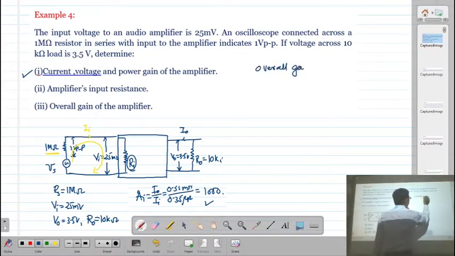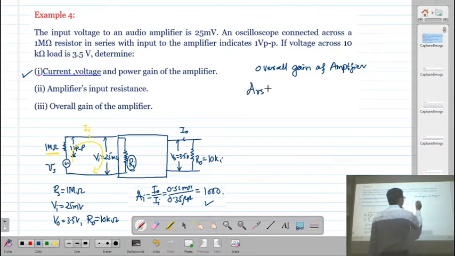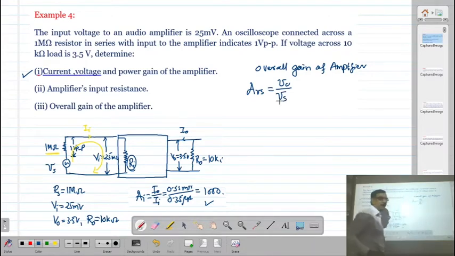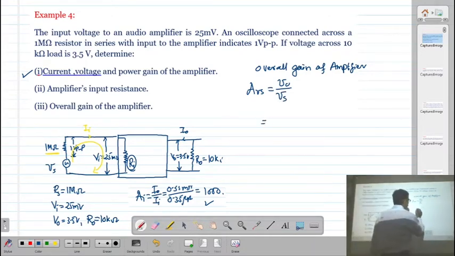So the overall gain of the amplifier is known as AVS, the ratio of VO by VS, and we already know it is given as AV into Ri divided by Ri plus Rs.